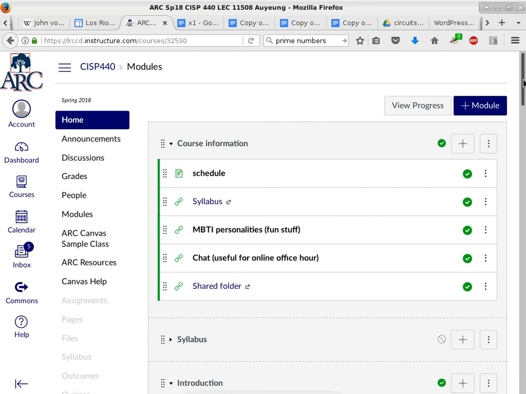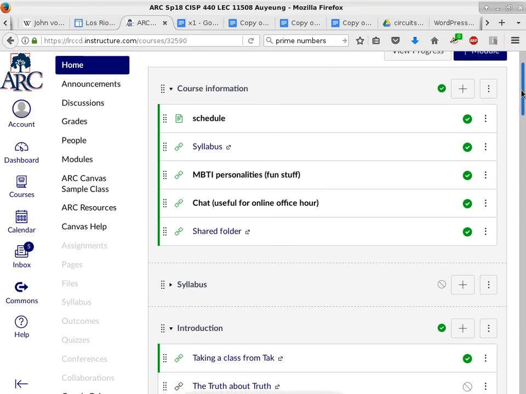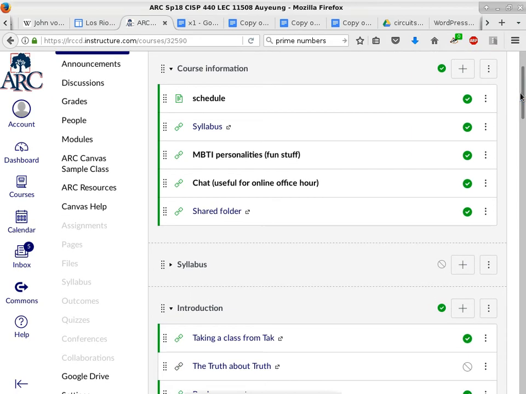Is there any curve? Yeah, I usually curve it depending on whether there's a need to curve. Okay, so that requires a little bit of explaining too. So I do curve the scores of my test when it is needed, and typically when it is needed means the top score or the best student in the entire class is getting a B, and there's only one person, and then the rest are getting C's, D's, and F's.